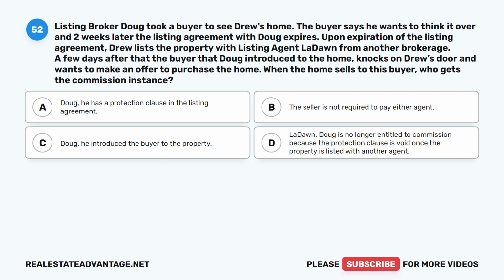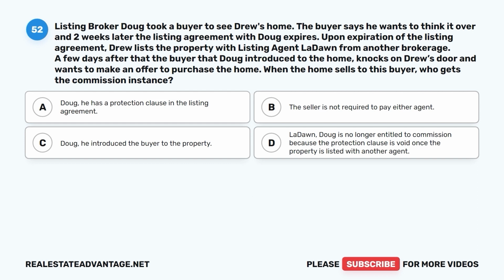A. Doug. He has a protection clause in the listing agreement. B. The seller is not required to pay either agent. C. Doug, he introduced the buyer to the property. D. LaDawn, Doug is no longer entitled to commission because the protection clause is void once the property is listed with another agent.